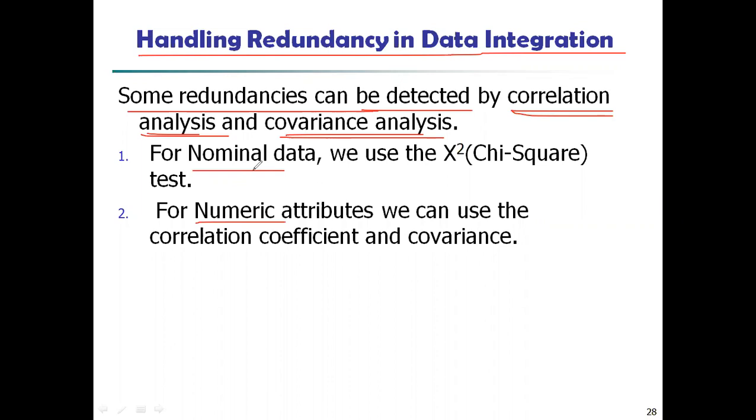Or otherwise, take the column result. Second example: result is another attribute in a table. What kind of data does result have? It may be pass or fail, isn't it? The result is either pass or fail.